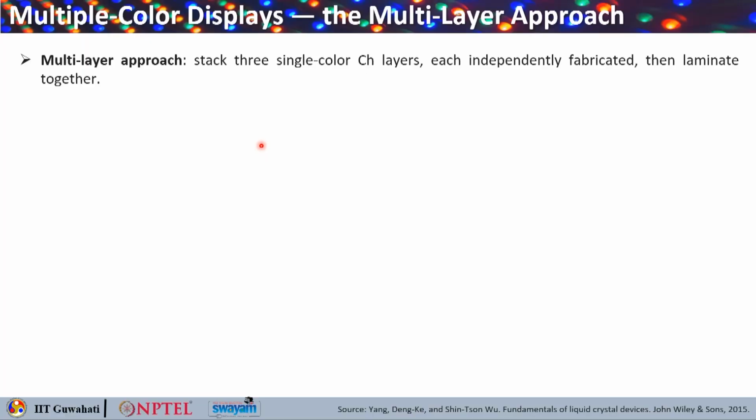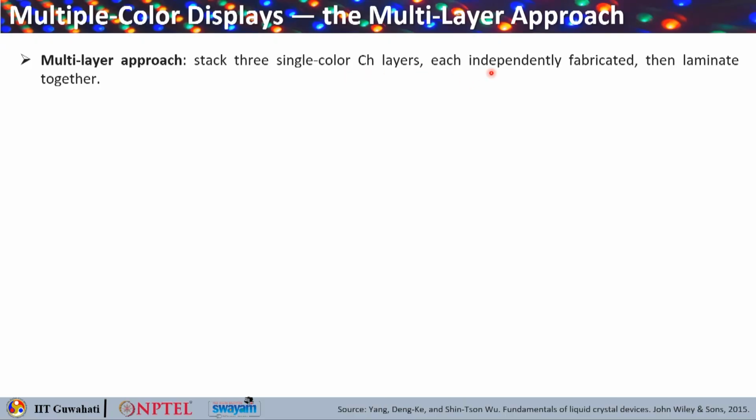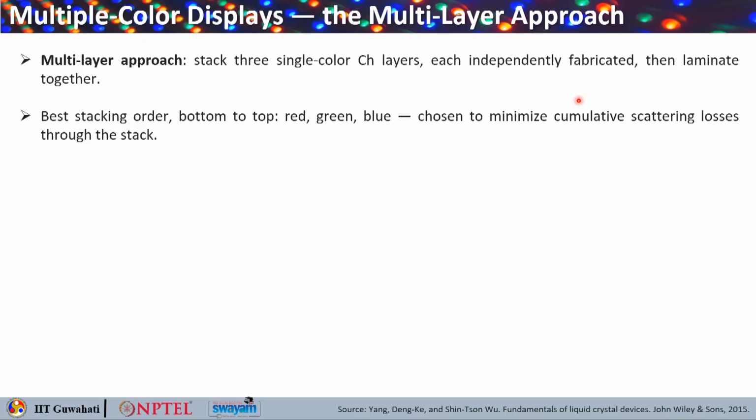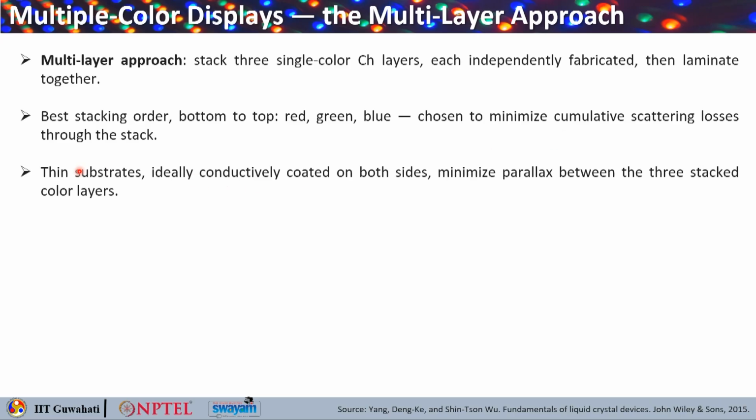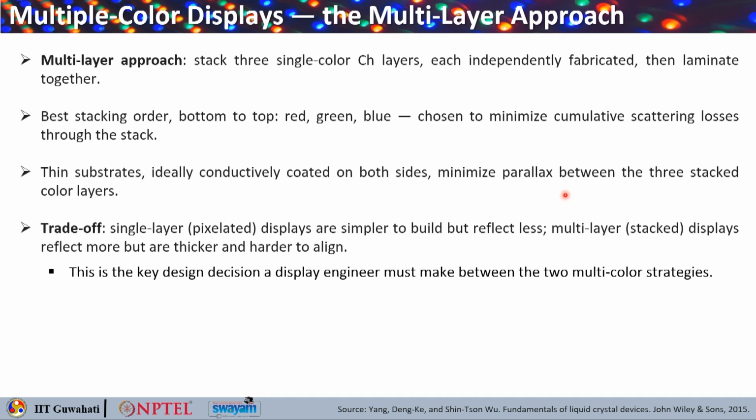In this approach, you can stack 3 single cholesteric layers, each independently fabricated and then laminated together. The best stacking order from bottom to top will be red, green and blue, chosen to minimize cumulatively the scattering losses through this stack. And you can consider thin substrates, ideally conductively coated on both sides, that minimize the parallax between the 3 stacked color layers.